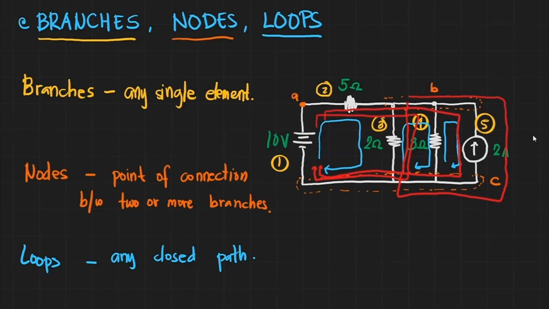However, we are also interested in defining dependent as well as independent loops. When we say dependent loops, it means that it doesn't have a branch that is unique to itself.